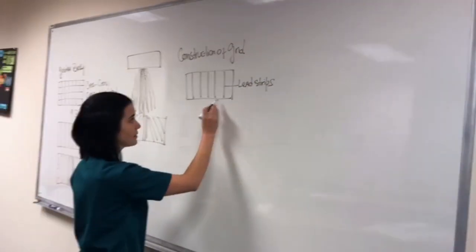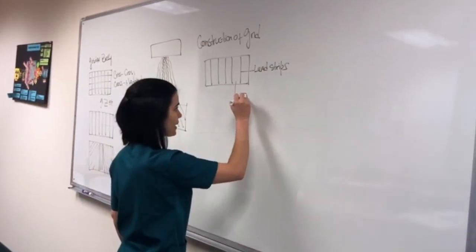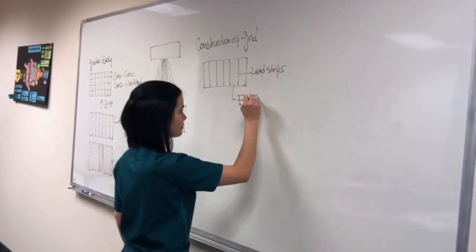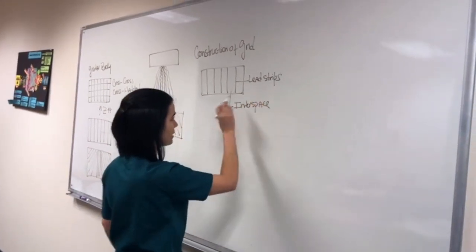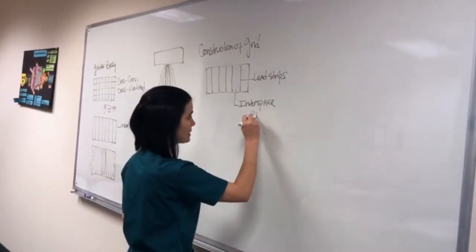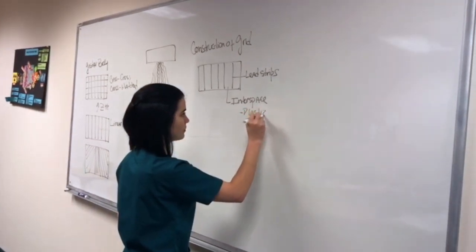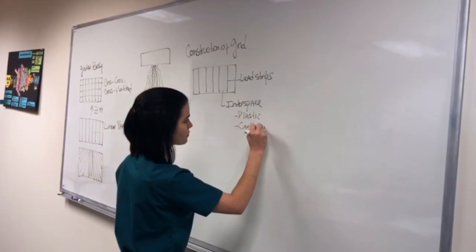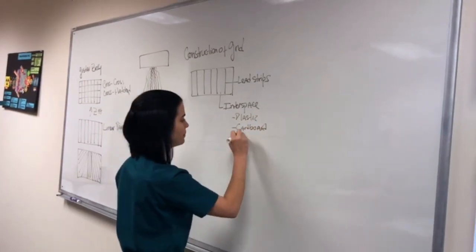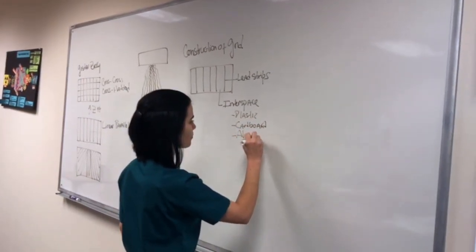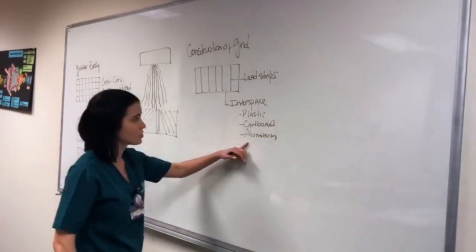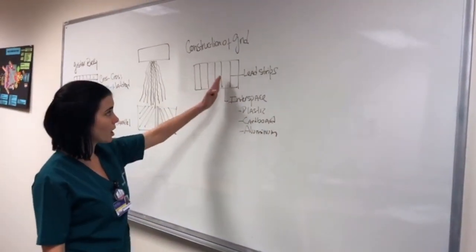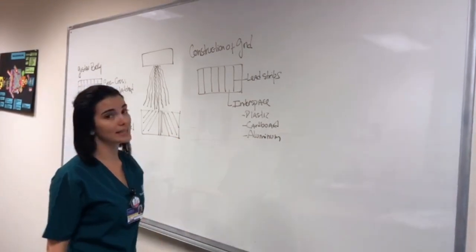And then the distance between them is called the interspace. The interspace can be made of plastic, cardboard, or aluminum. Why? Because this allows the X-ray photons to come through the interspace easily.